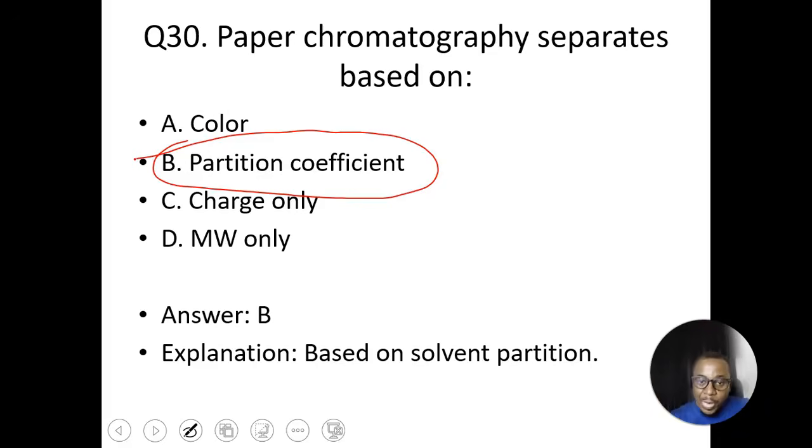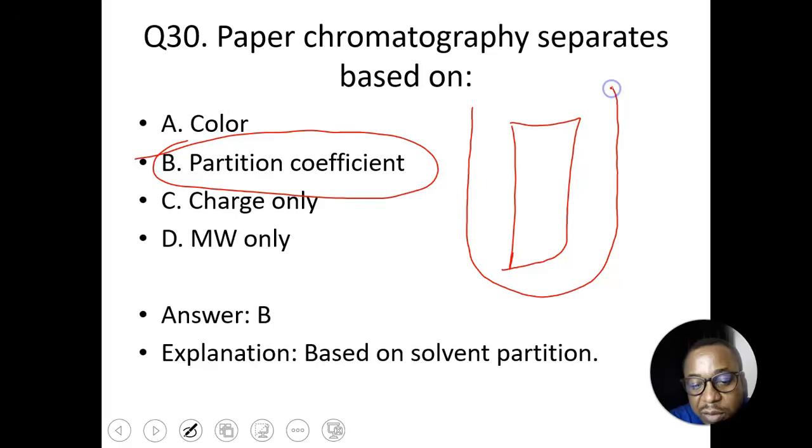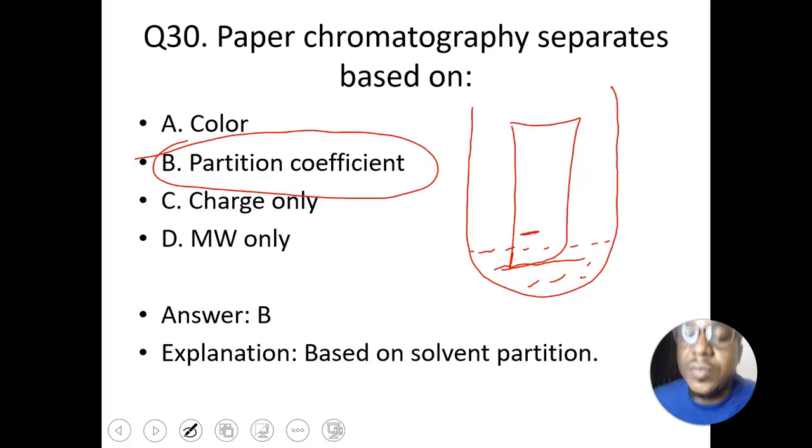For example, if we have a paper immersed in a solvent, and our sample is spotted somewhere here. Let's say the solvent is hexane, and what we have here is soluble in hexane, a non-polar molecule.